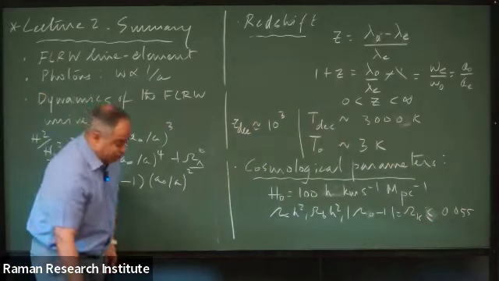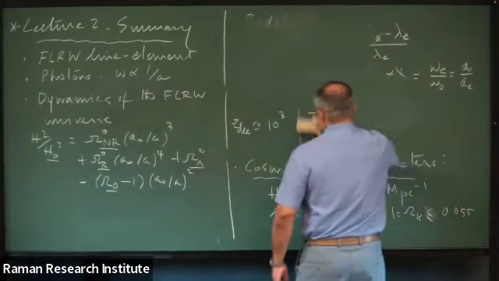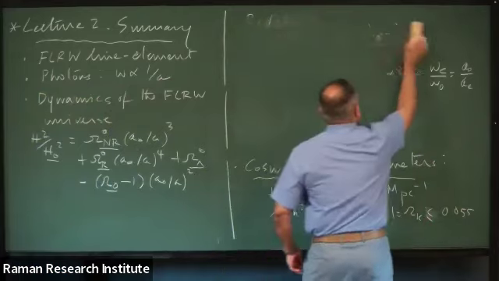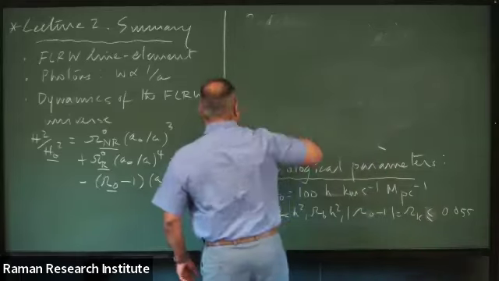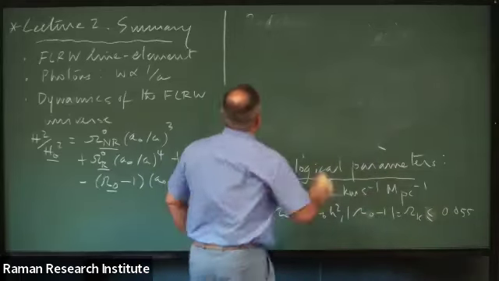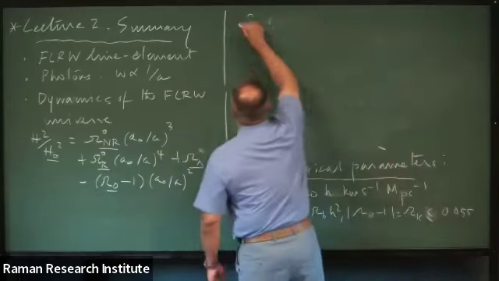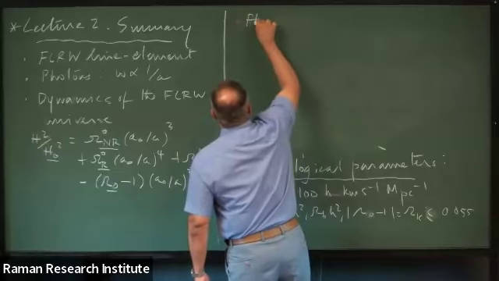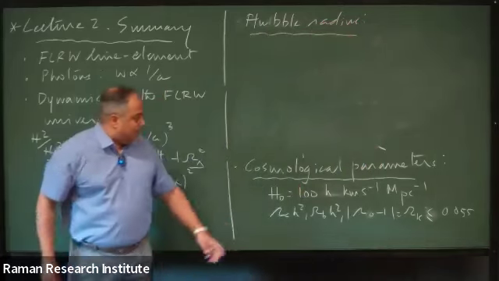This allows us to construct a quantity which is called the Hubble radius today. I'm not repeating the numbers here for want of space on the blackboard. I've already indicated those numbers in my previous lecture. It's called the Hubble radius. I would urge you to calculate this.